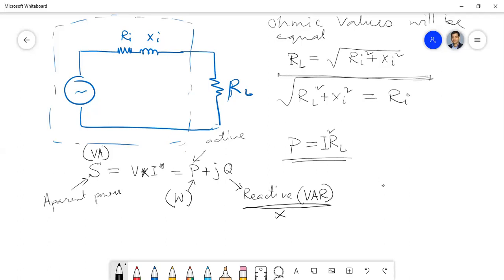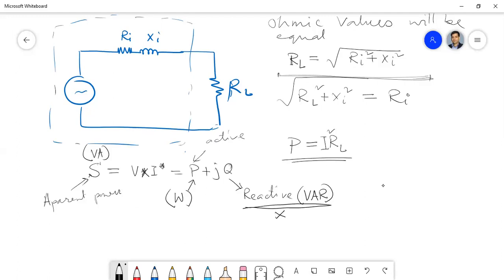But what will be the efficiency, I cannot say unless I have the value of X. Got my point? You said it will not be 50%, that is absolutely correct, because we cannot say anything about the efficiency as we don't have the value of reactance.